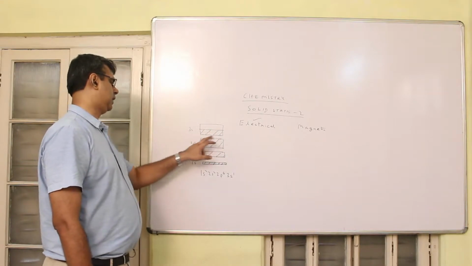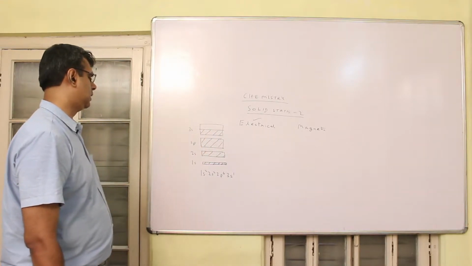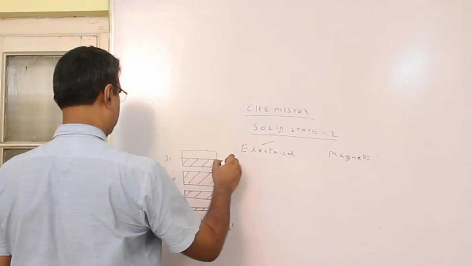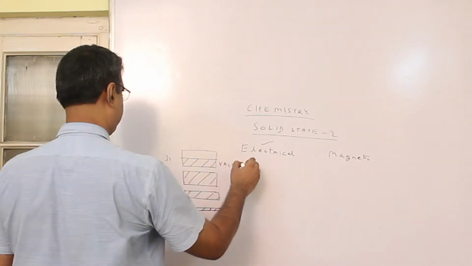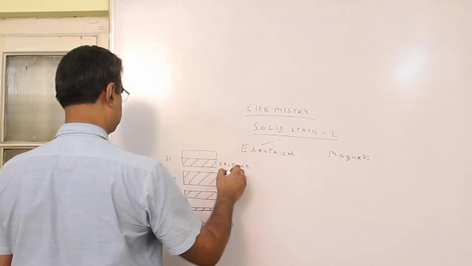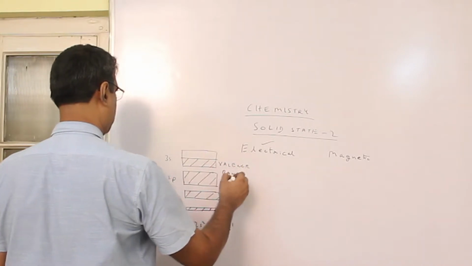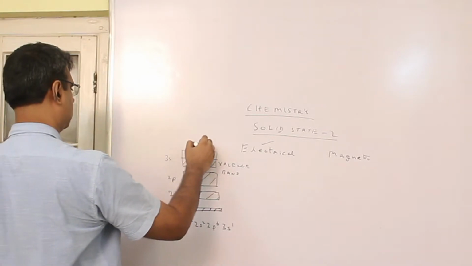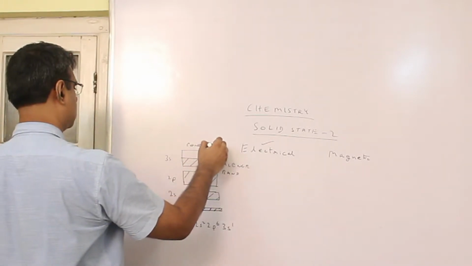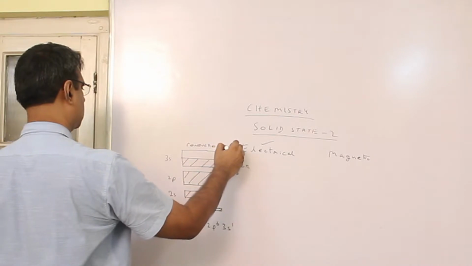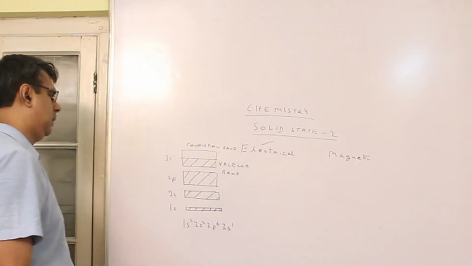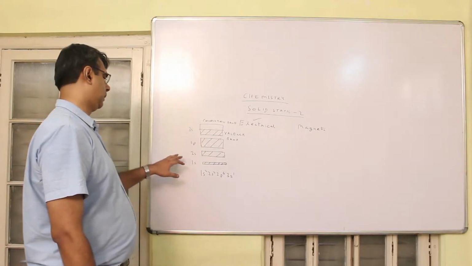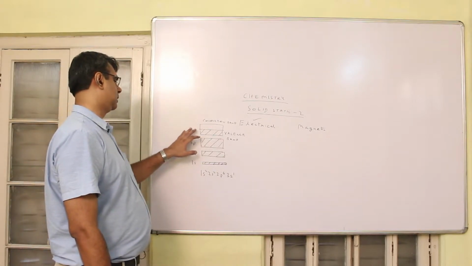This half shaded portion implies what we call the valence band. And just above it, the half empty portion implies the conduction band.